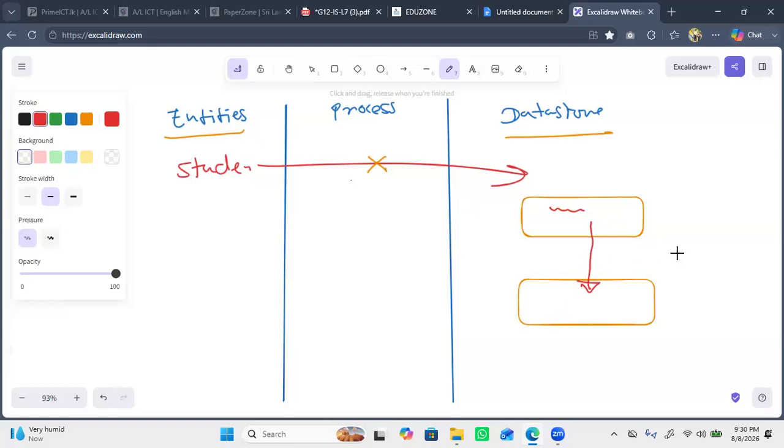Someone is moving the data from a temporary file to a permanent file. Can it happen without any process, without any person involved, just from one database to another database? Can't move, right? So this is also a scenario that should not happen.